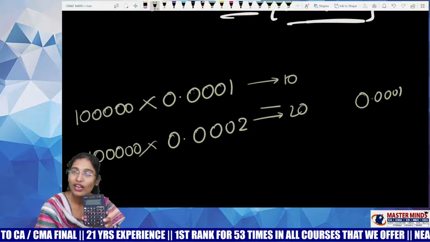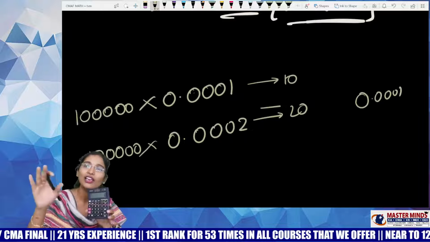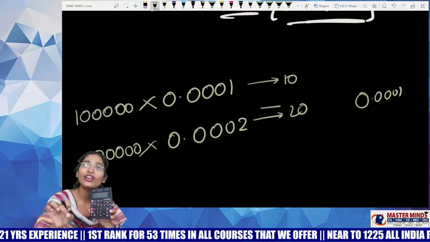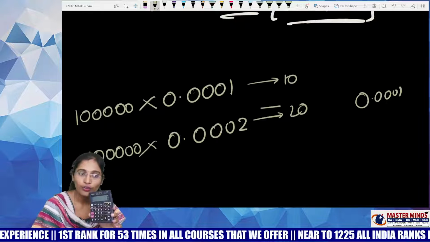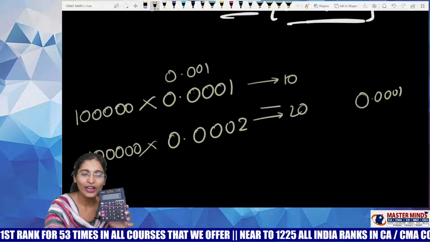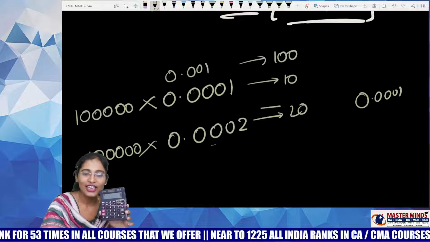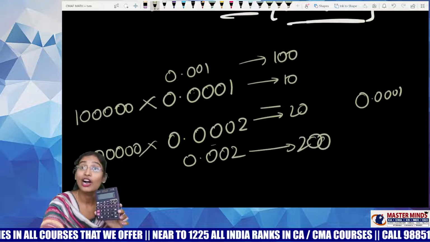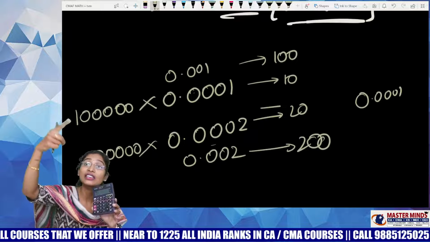What I wish to convey is, use your calculator fully and try to identify the option which is nearest to you. So guys, if I say it is 0.001, the answer is 100. If I say it is 0.002, the answer is 200. See how much difference there is if the difference is at the third decimal place.